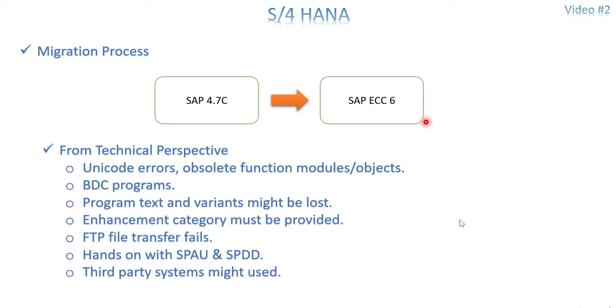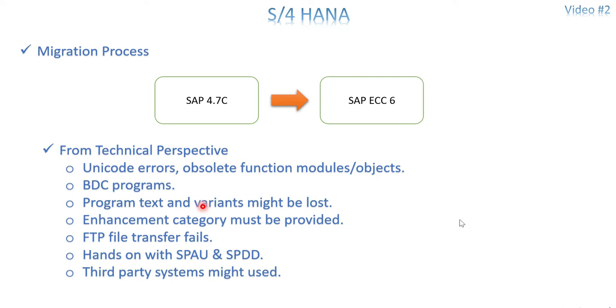Okay, a few things are to be modified in the target system, some obsolete functions and objects. So how can I enhance my custom objects? Mostly this is for the custom objects. Okay, and the BDC program, there might be a change in the screen. So how do I have to take care of my BDC program? Everything is to be listed out, corrected and put in a transport, and that has to be moved to the new system.